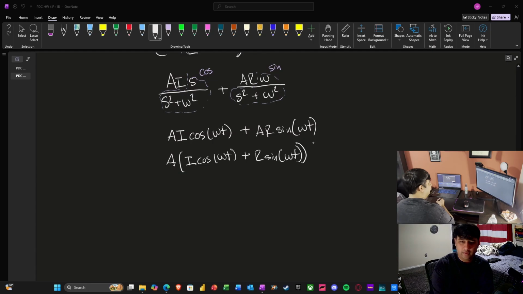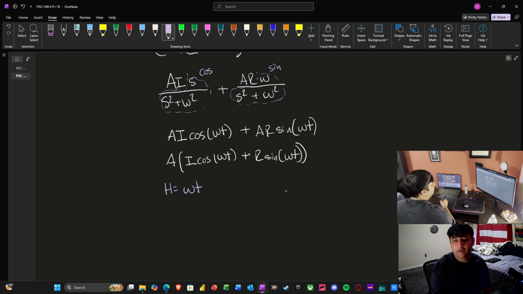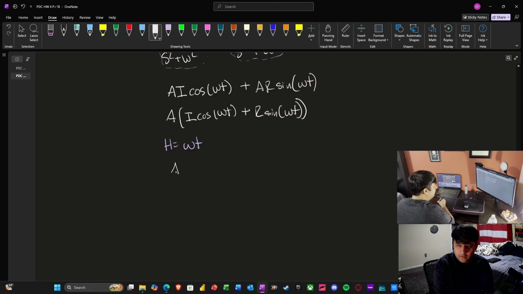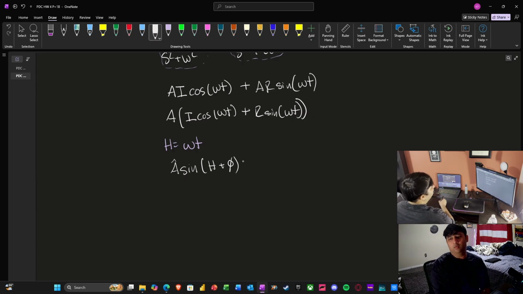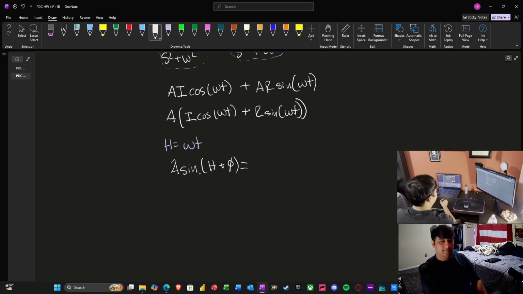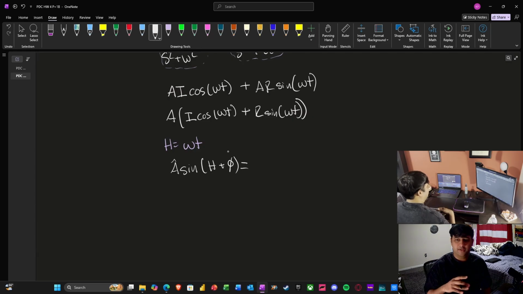So now what we're going to do is define h, which equals omega t, which is going to be here. And what we're going to get is a hat times sine of h plus phi. And a rule for a sine of a plus b, suppose, is that it becomes sine a times cosine b plus sine b times cosine a.